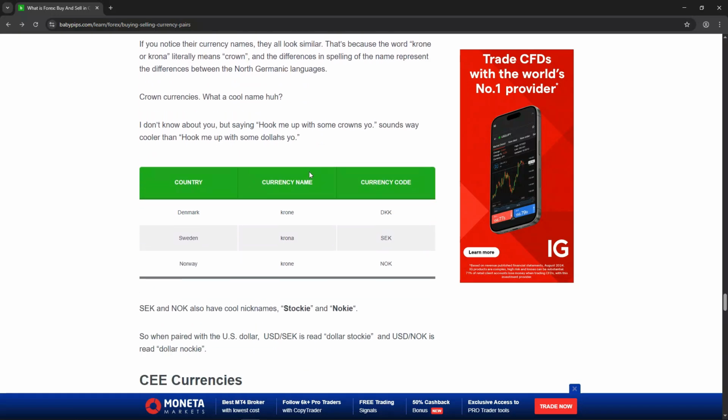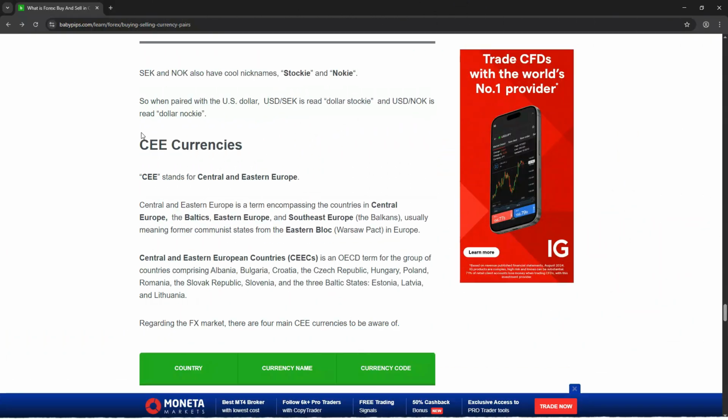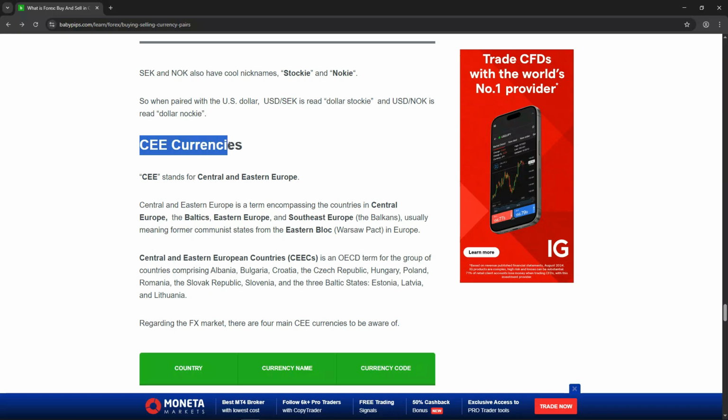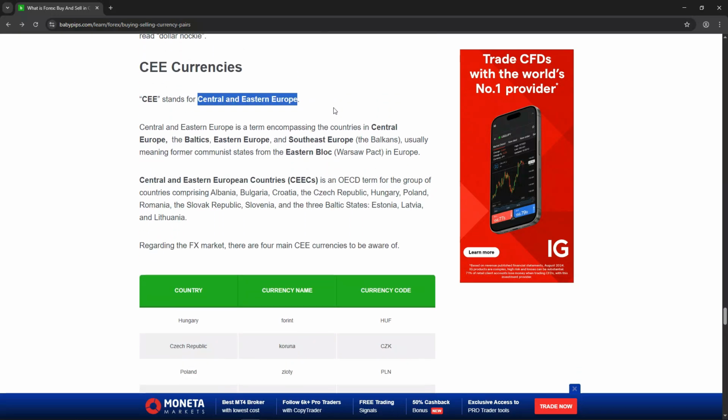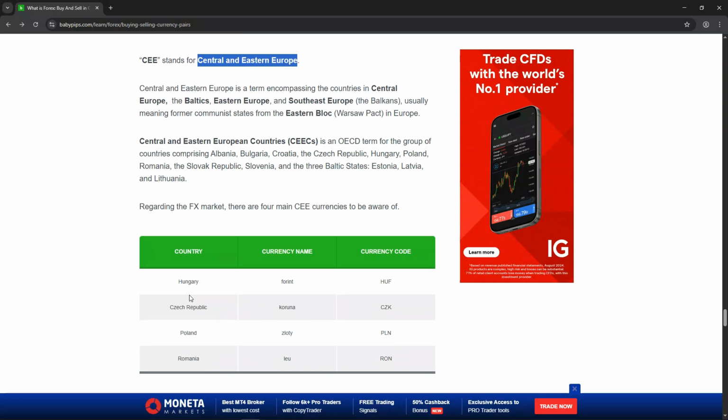Alright, let's move forward very quickly. Let's talk about CEE currencies. CEE stands for Central and Eastern Europe. These are currencies from countries in that region such as Poland, Hungary, the Czech Republic, and Romania.